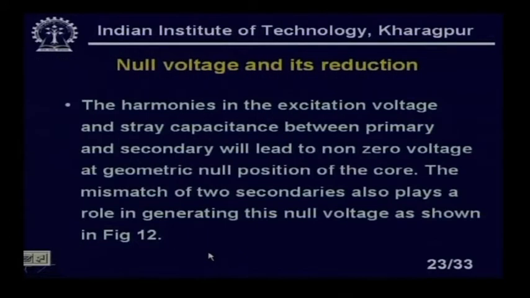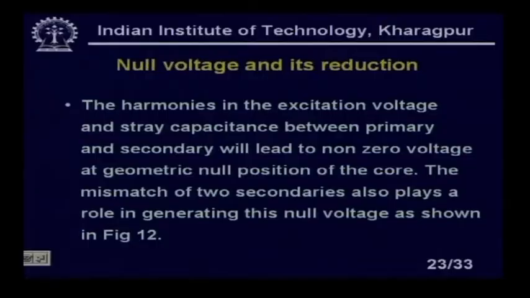Now, another thing. Even though I said that in the case of LVDT the two secondaries are exactly identical, it is absolutely difficult to make two secondaries exactly identical, and harmonics will also be present in the secondaries, right. This will create a problem, in that I will not get zero voltage at the geometric null position.